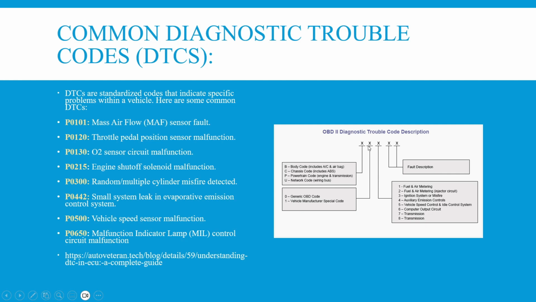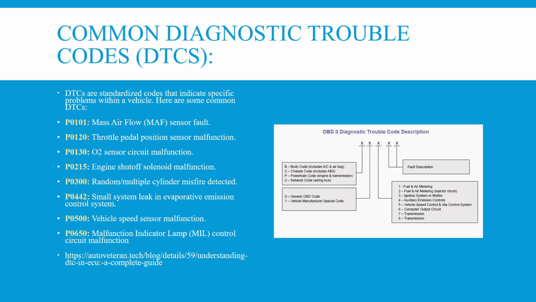The second digit in the error code indicates whether the error code is a generic standard OBD code or a vehicle manufacturer special code. Sometimes the vehicle manufacturer generates a special type of error code which is not governed by the standard OBD codes.